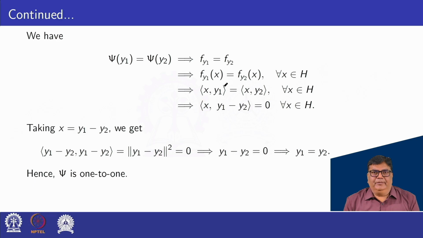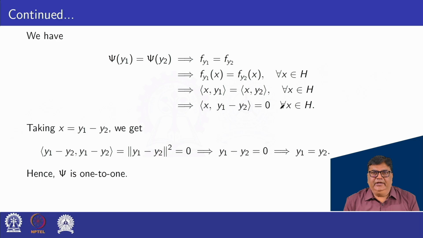So by property of inner product, this can be written as inner product of x and y1 minus y2 is equal to 0. Taking x is equal to y1 minus y2.